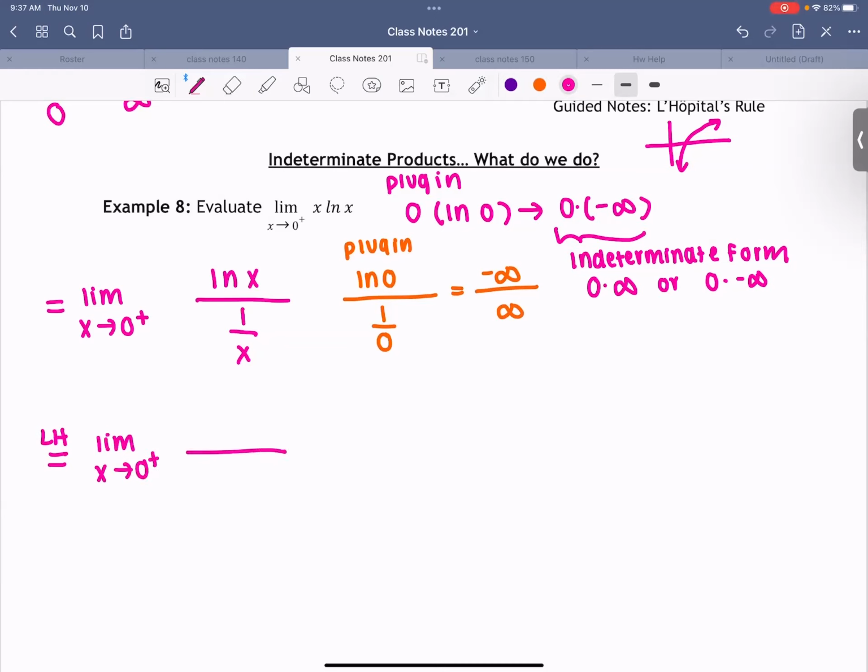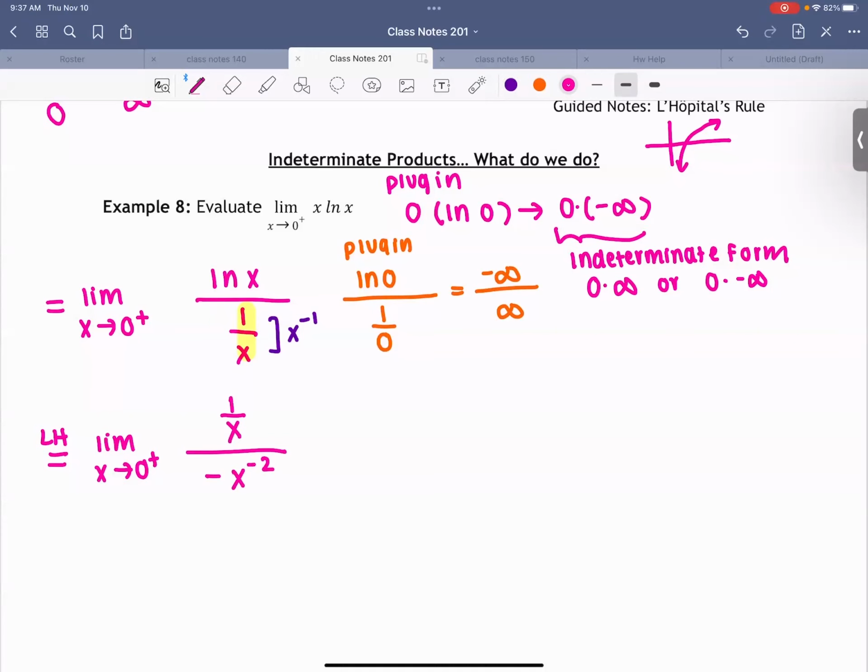What's the derivative of natural log? 1 over x, good. And instead of finding the derivative of 1 over x, which is kind of weird, let's just rewrite 1 over x as x to the negative 1. What's the derivative of x to the negative 1? Negative x to the negative 2. Yep, negative x to the negative 2.